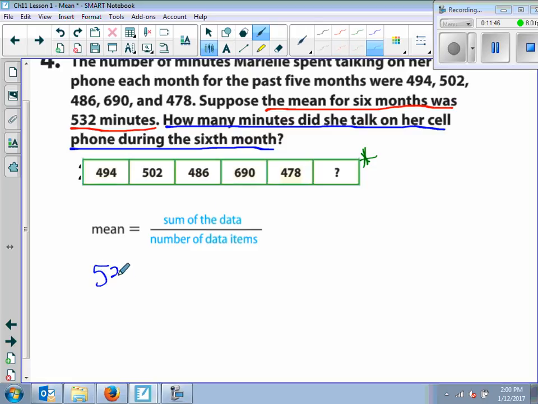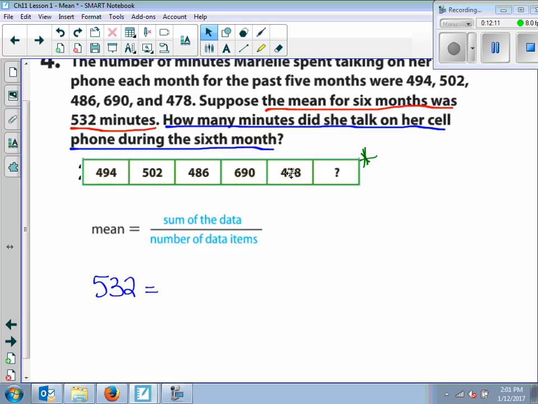So 532 is equal to the sum of the data. Now, when we're adding the data, we've got 494, 502, 486, plus 690, plus 478.